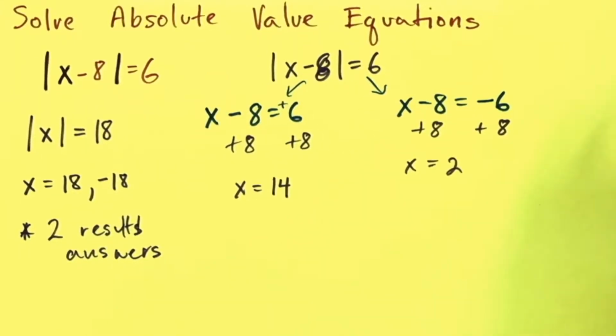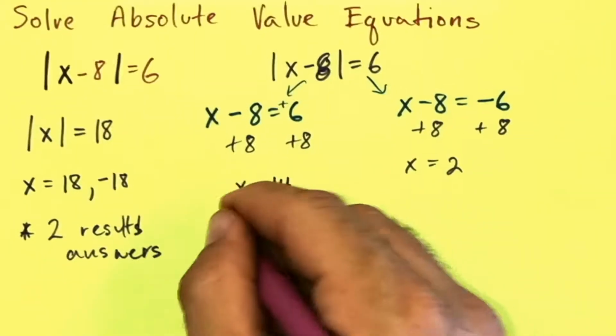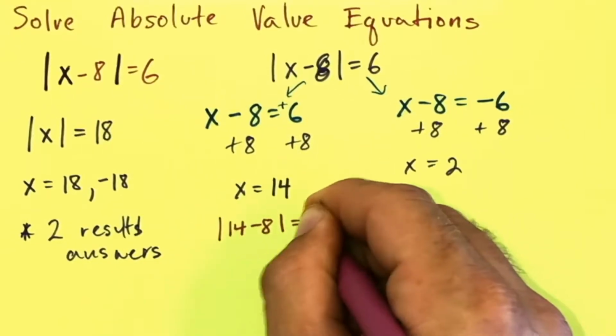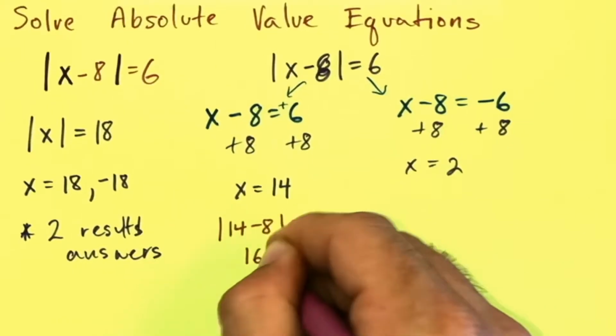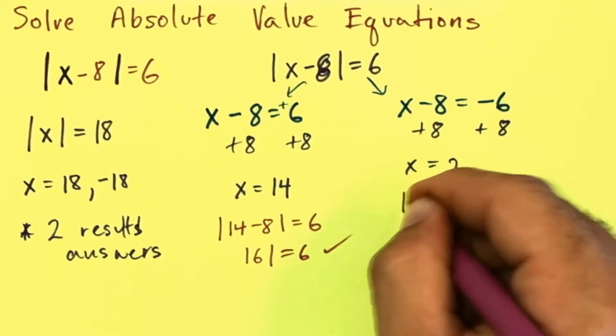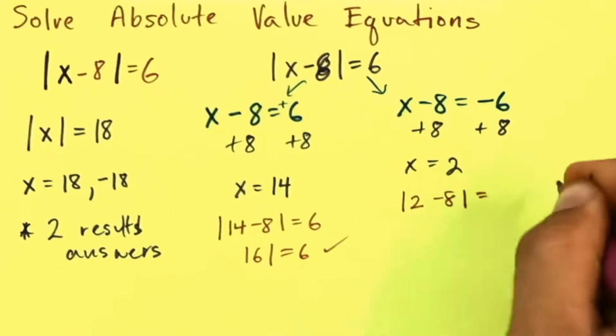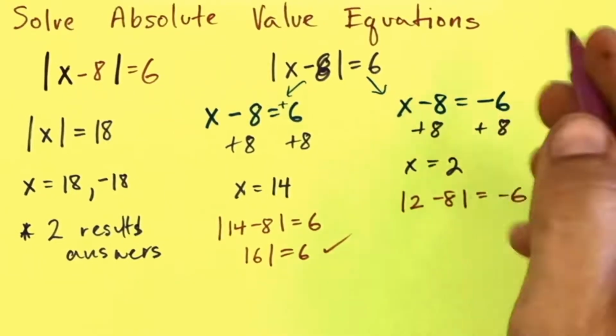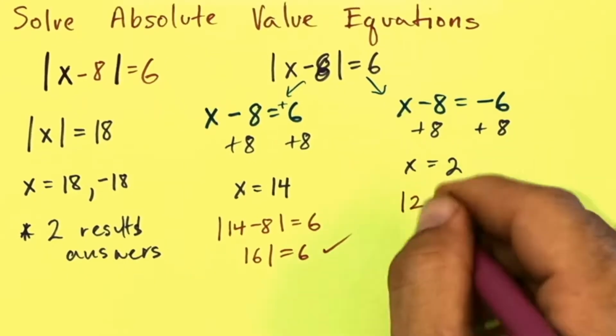That makes sense because if I were to plug in for each, my 14 minus 8 is equal to 6, and the absolute value of 6 is in fact 6. Well, look at this one. This one gives us that negative result, so it's now equal to positive 6.